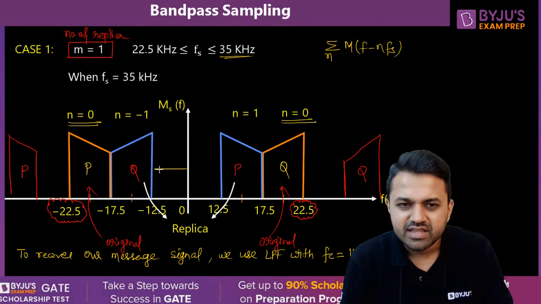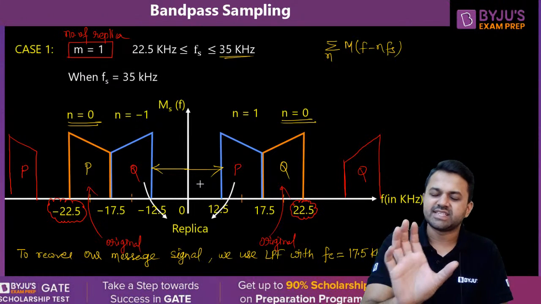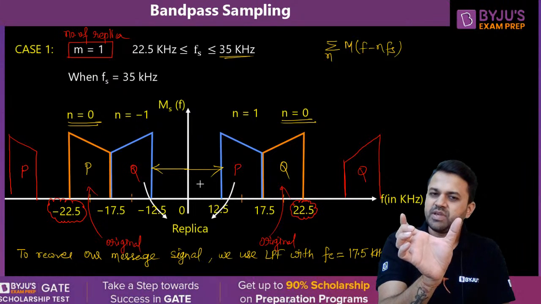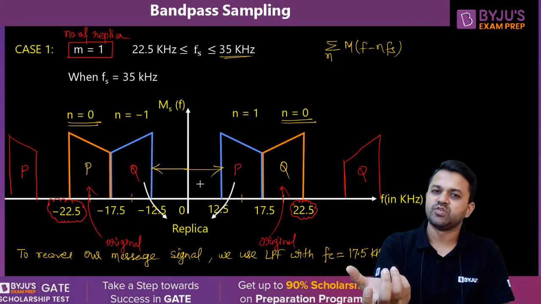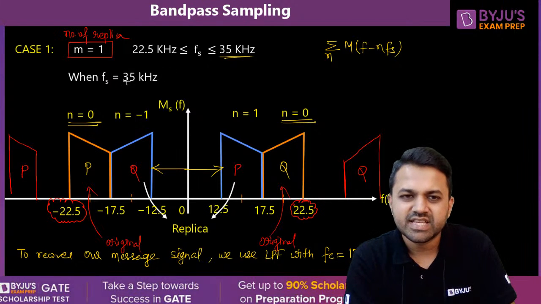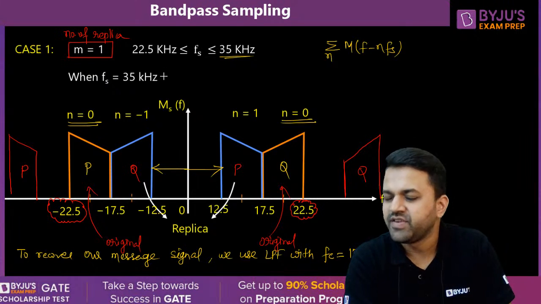But still there is a waste of frequency, because in between P and Q there is a gap which we are not utilizing. So that is why we will not use this 35 kilohertz.